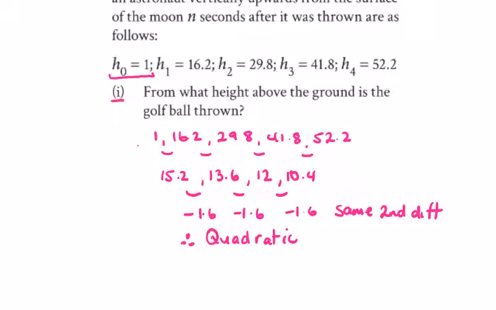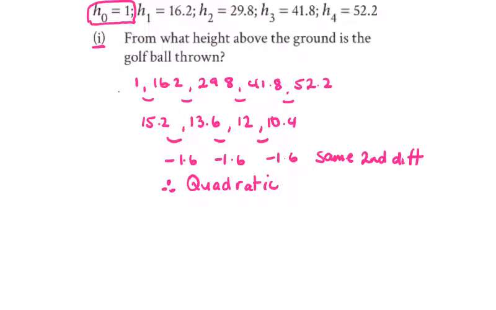Question 1 is, what height is the ball thrown from? Well, that's h0. It's thrown from 1 meter above the ground, which you can all see. So let's look at the A, B, and C. We have C. C is equal to term 0. 2A is equal to minus 1.6. So A is equal to minus 0.8.